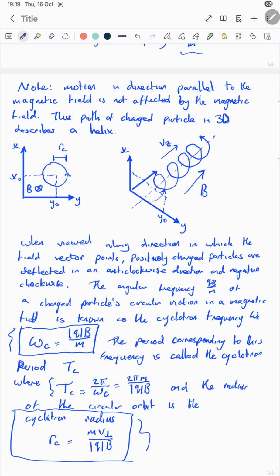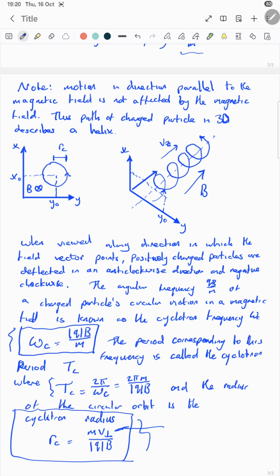Now what makes this really interesting is that this is really important when it comes to particle physics, like CERN, the particle accelerator. People that work on that would notice with this equation that the radius here is dependent on the mass, and the direction the particle moves is dependent on the charge as well, along with the magnetic field.